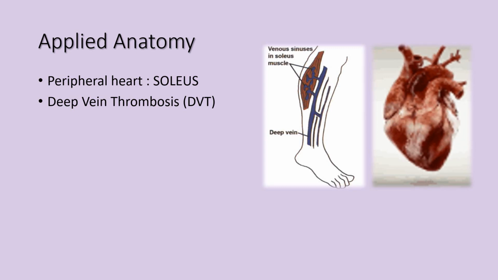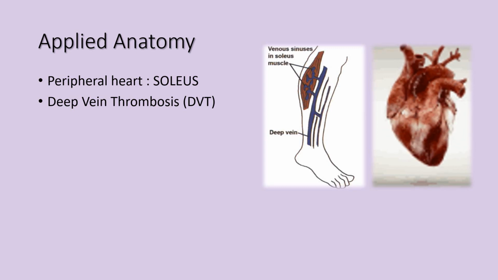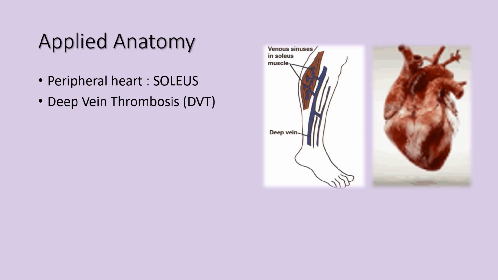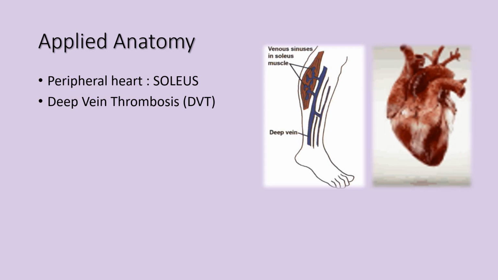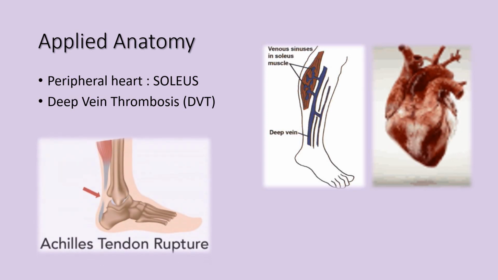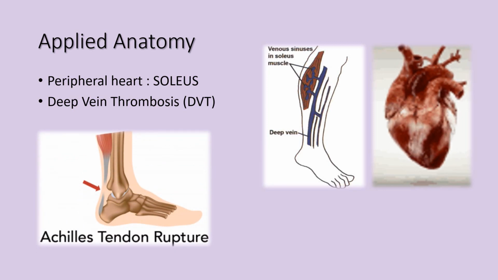So deep vein thrombosis is one more important clinical aspect to be mentioned when we learn the back of the leg. Though it is the strongest tendon, Achilles can get ruptured during some injuries, such as Indian style lavatory pan injuries. So these are the few applied anatomical aspects.